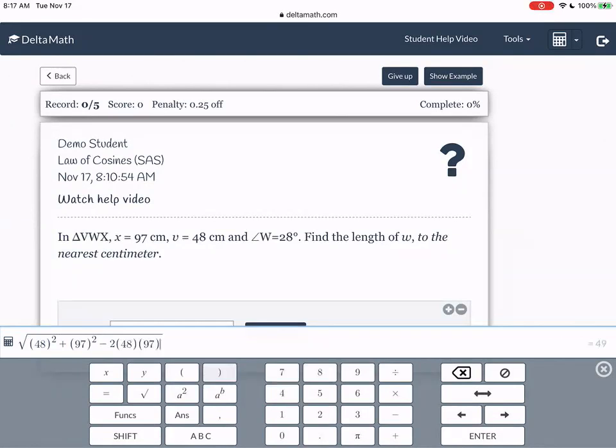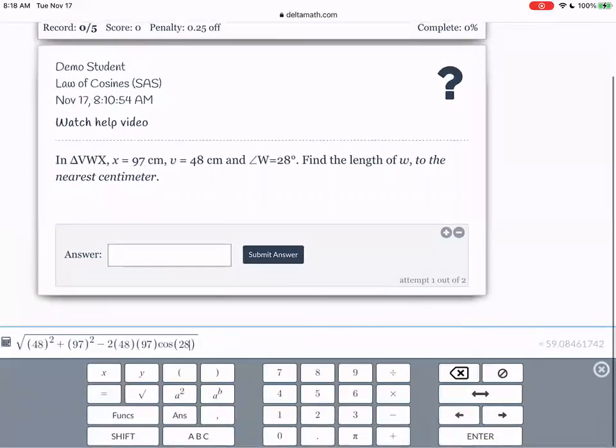I know it's so long. Times cosine of 28. Okay, so I just typed that entire thing in there. It's literally just the equation I wrote. And you get 59.08. And we want it rounded to the nearest centimeter, so that's just 59.